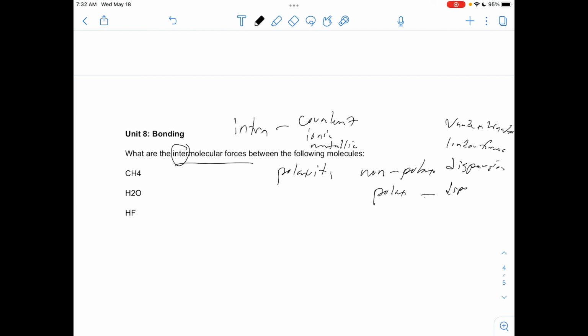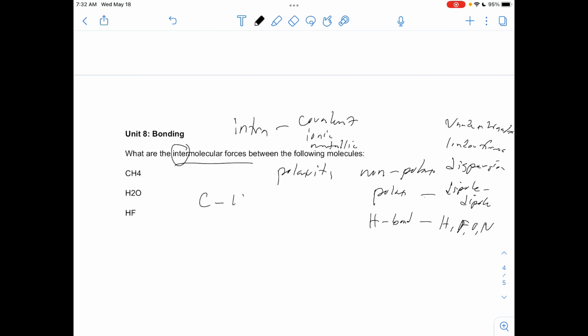If it's polar, then it's going to have dipole-dipole forces, which means that there's a positive and a negative end that is attracted to another positive and negative end of another molecule. And then sometimes we have a special type of polar bond, the strongest type of intermolecular force, if the molecule has an H, F, O, or N: H phone.